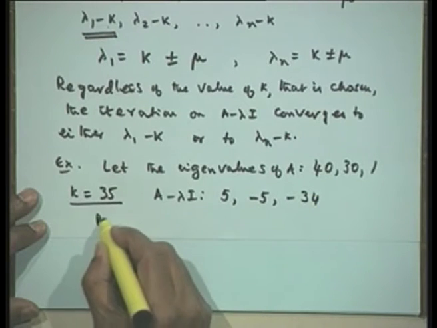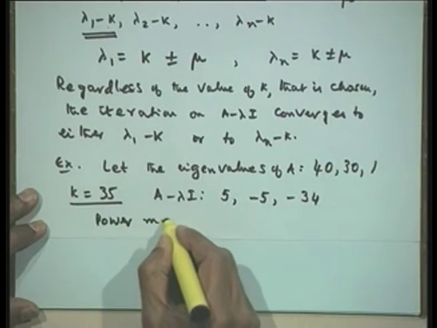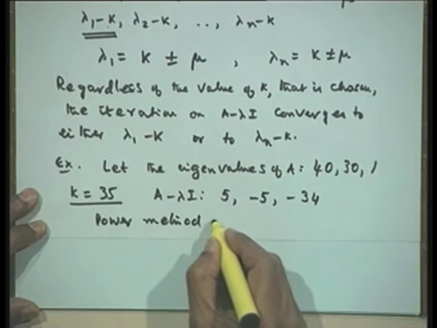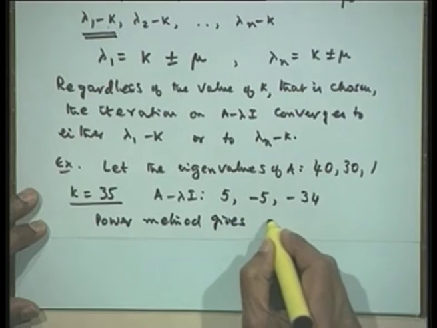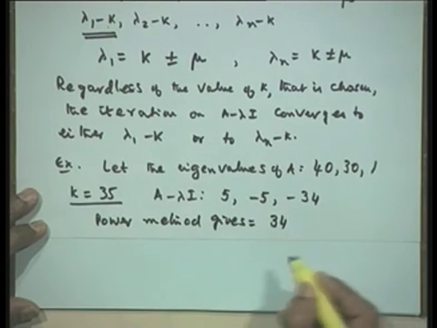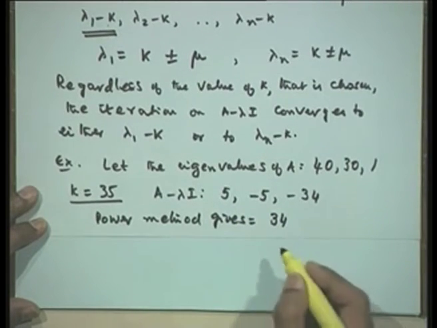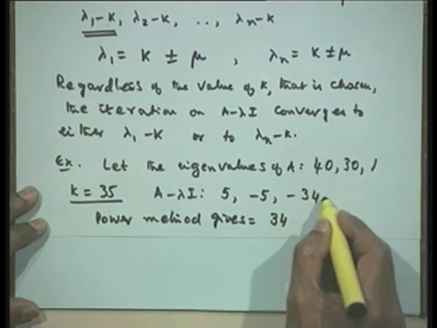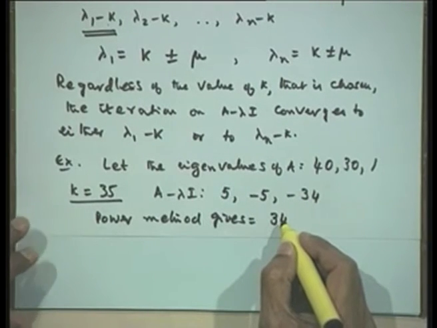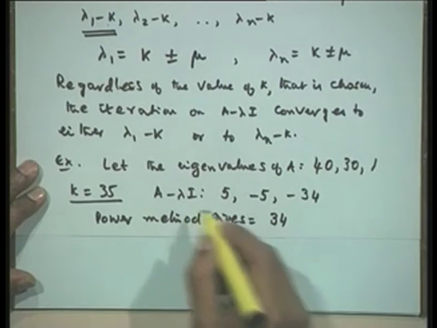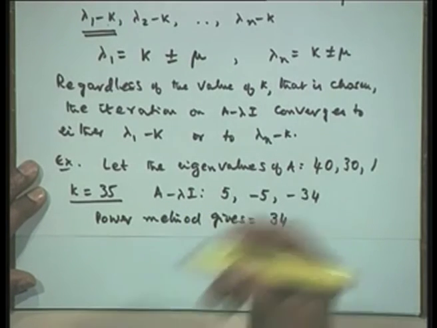Therefore, the power method gives the eigenvalue magnitude as 34, from which we can determine the original.